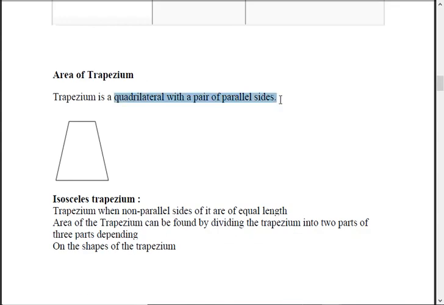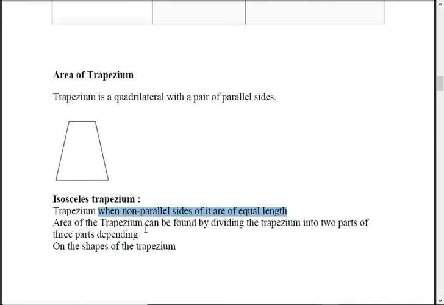What is a trapezium? A quadrilateral with a pair of parallel sides, meaning only one pair of parallel sides; the other sides are not parallel. If these two non-parallel sides are of equal length, then it is known as an isosceles trapezium. If they are not, it is not an isosceles trapezium.